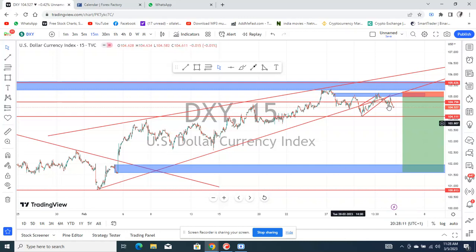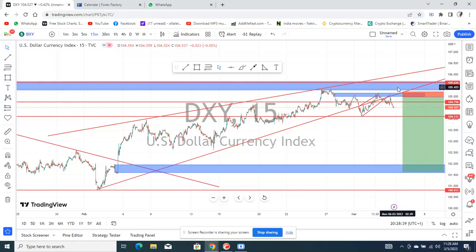So if price can break down to this level, then definitely it is likely to come all the way from here to here. But currently, you can see that price even rejects this area, which I'm expecting price to break above, that is to break above here and retest.